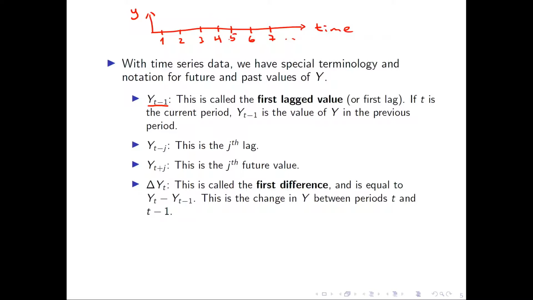But if you're looking at the lag, then if you're at period 4, then you should look at the y value for period t minus 1, which is period 4 minus 1, which means that you have to look at the value at time 3, right?